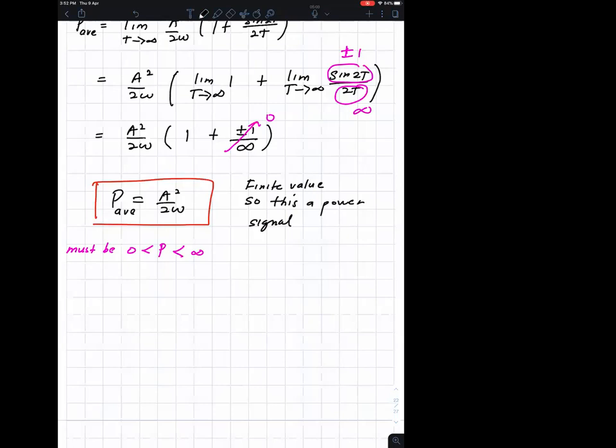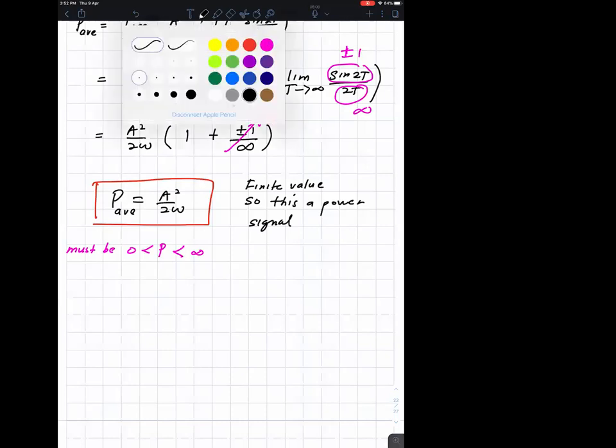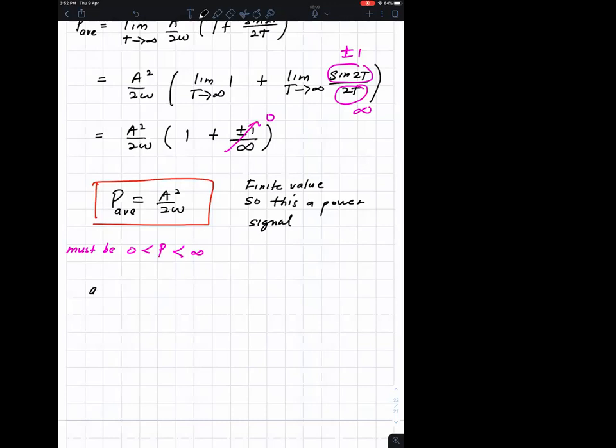Next, I'm going to go through all the basic signals. Let me next talk about transformation of the time variable, starting with time inversion.